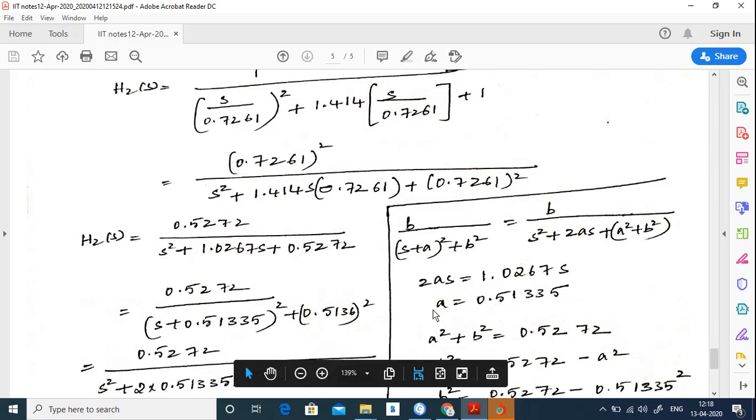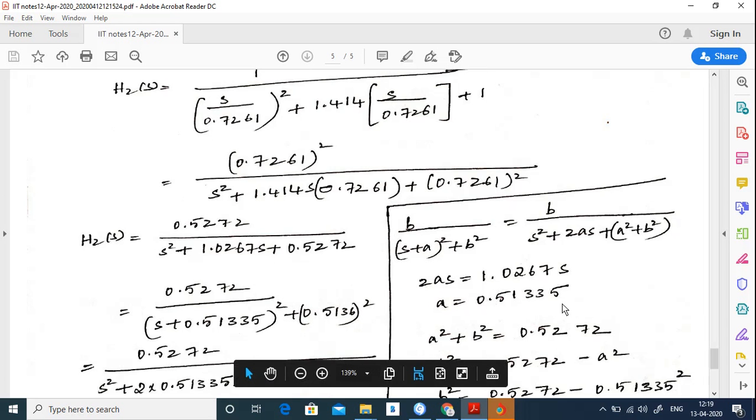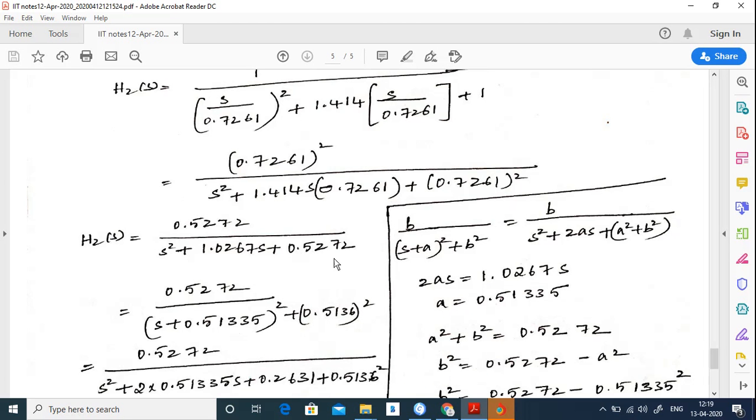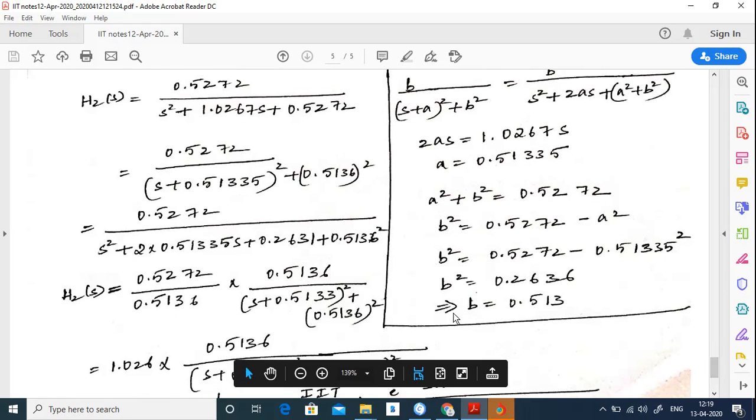So from this I'll get the value for a, because 2as is equal to this, that is 1.0267s. From that I'll get the value for a, but this constant is not b. Remember this is not b or b square, because it is a combination of a square plus b square. Equate that, you know the value of a, substitute that, you'll get the value of b. The value of b is like this.